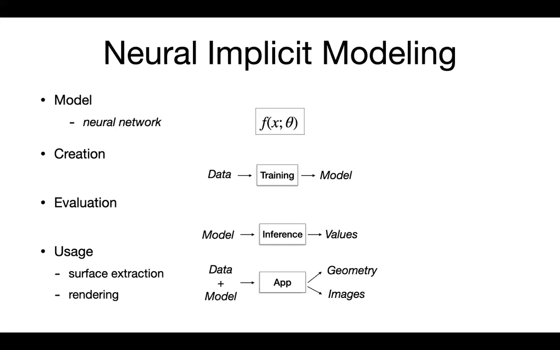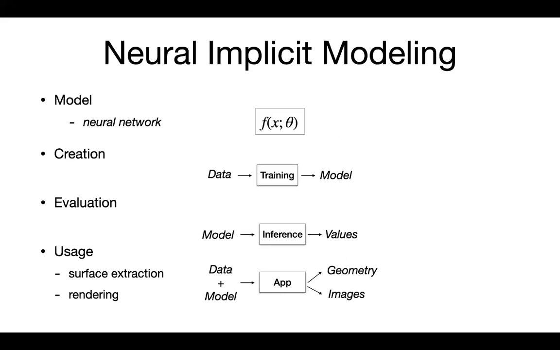What we are going to train are the parameters theta, using samples from the actual function. This models a continuous function of space that can be evaluated at any point of space. This x takes values continuously in space, and is going to classify points and define surfaces.